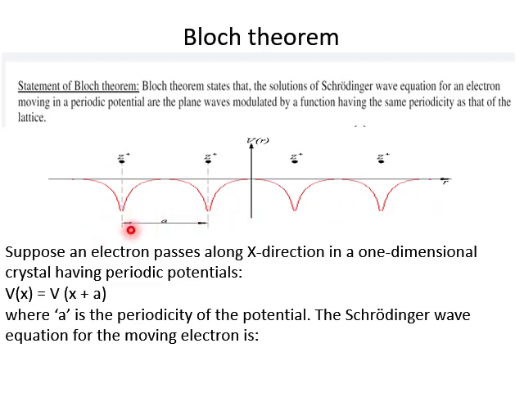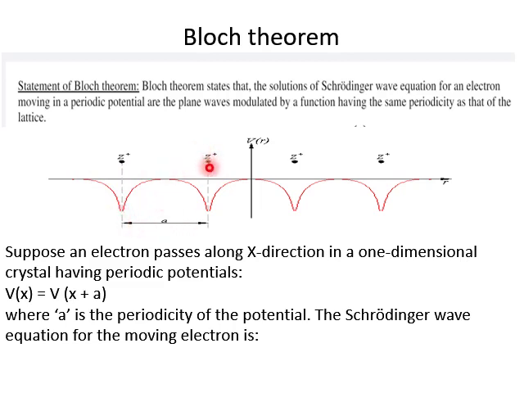Assume the distance between these two potential wells is a. When the electron moves from this potential well to the next one, it covers a distance a.